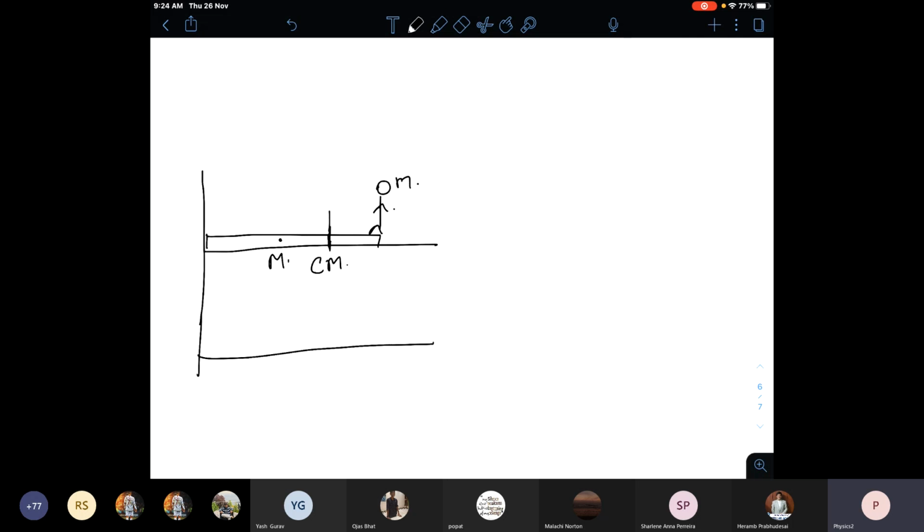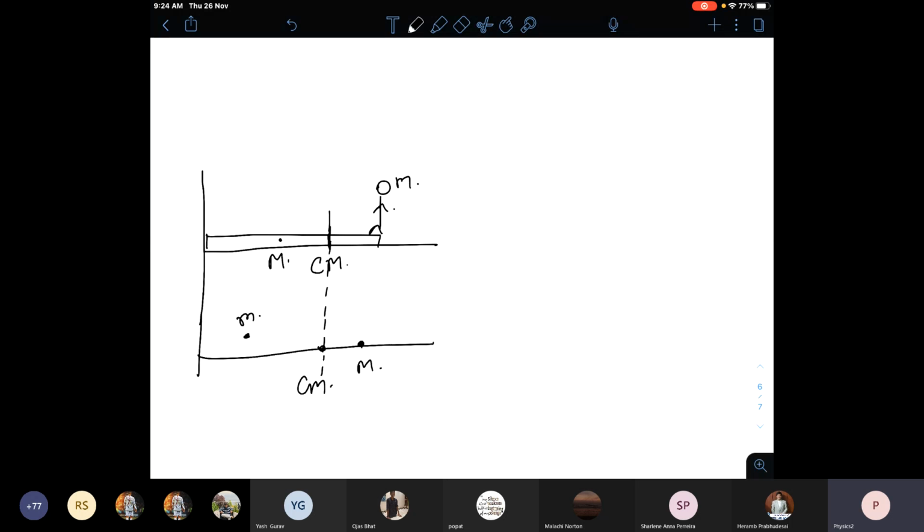If the center of mass has to stay here, and small m mass is over here, then the capital M mass must move to the other side. Only then is it possible that the center of mass will remain here.